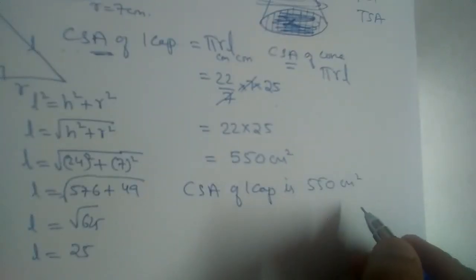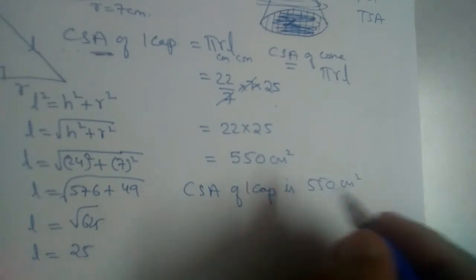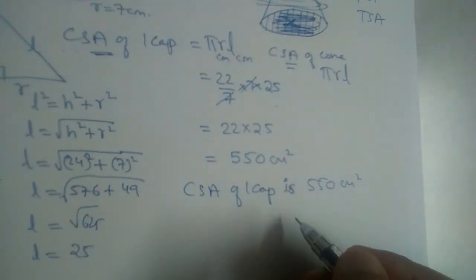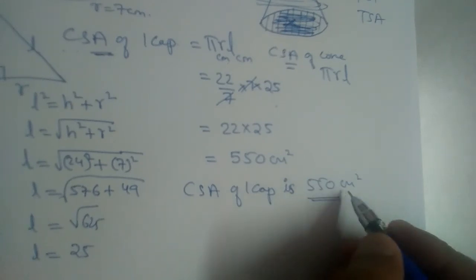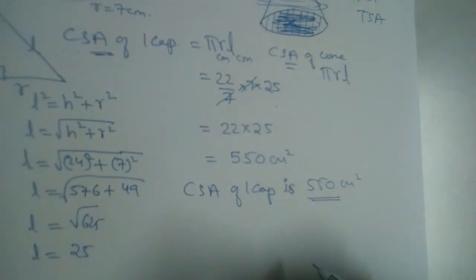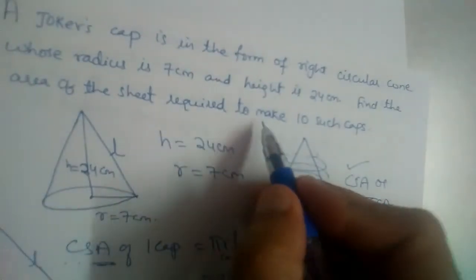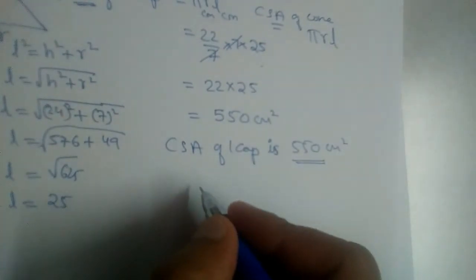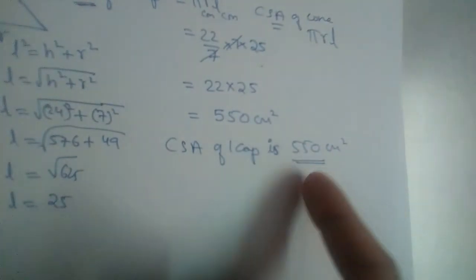Which means what? If we want to make one cap, how much paper is required? 550 centimeters square, that much paper is required. But how many caps do we need to make? 10 such caps. So what will be the area of the paper? How much paper do we need?